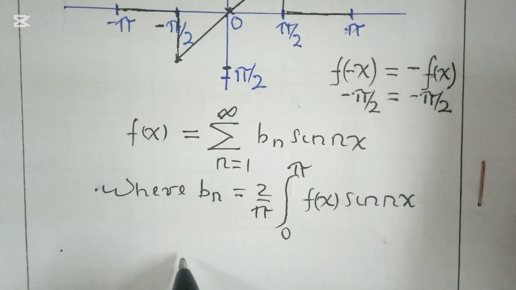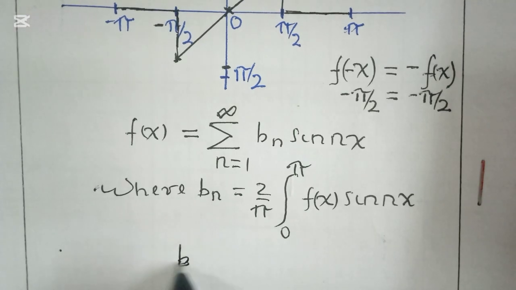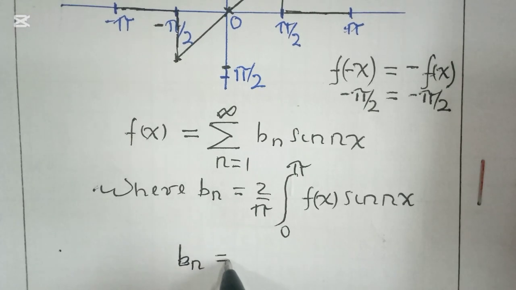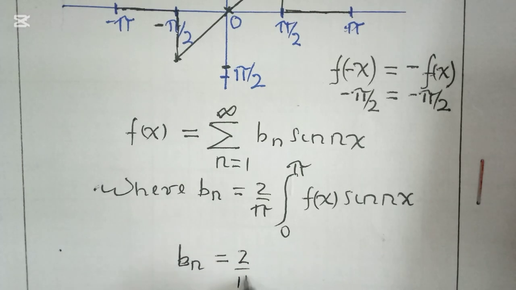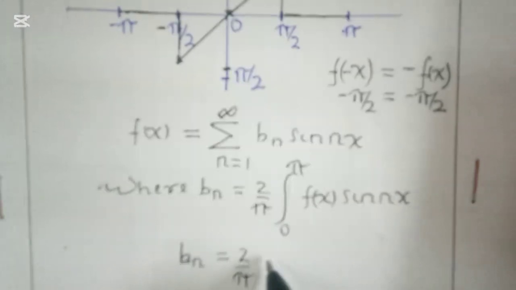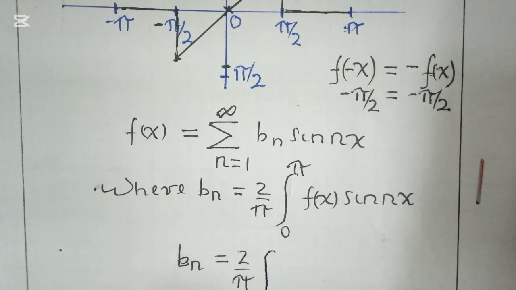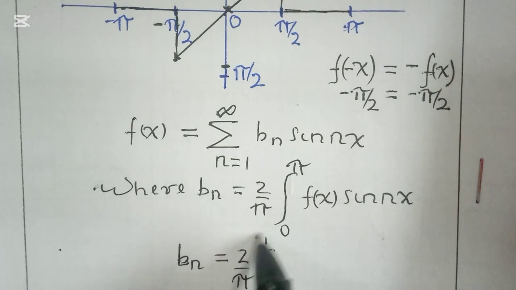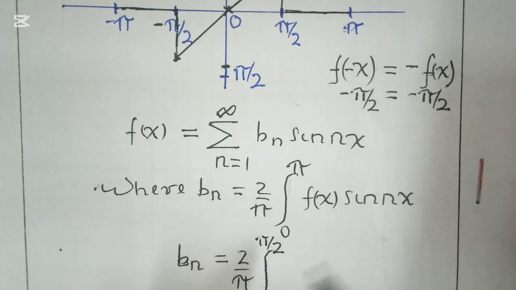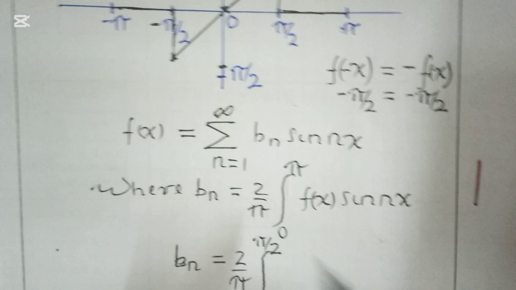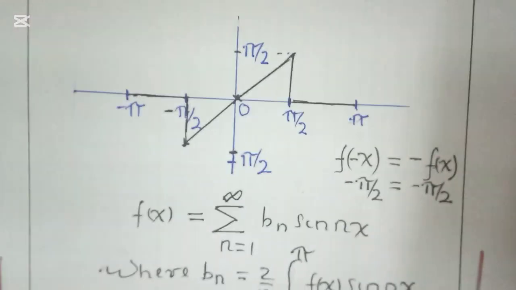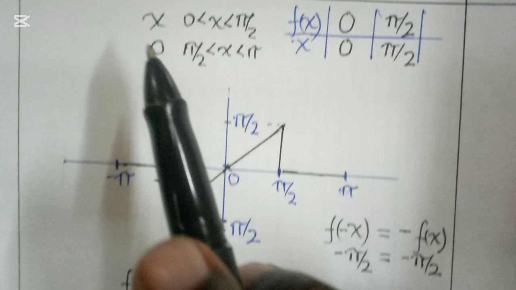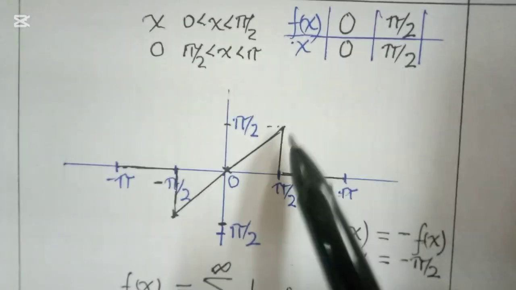So we shall have bn equals to, instead of integrating from 0 to pi, we shall say from 0 to pi over 2, all over 2. This one gives us now the f(x), is actually this x.